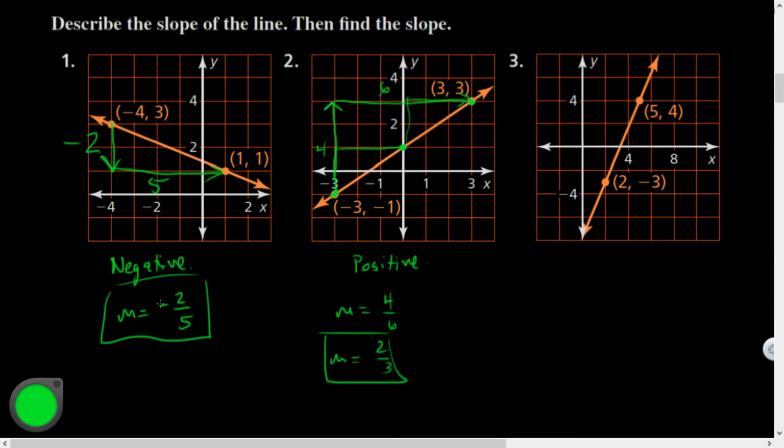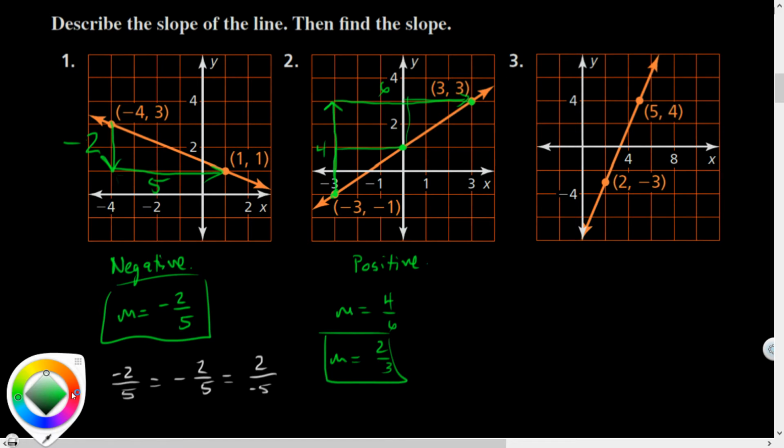Side note, regarding negative slopes, put your minus sign either in your numerator or out in front. I don't often put it in the denominator. So side note about fractions, negative 2 divided by 5 is the same as the opposite of 2/5, is the same as 2 over negative 5. And none of those are equal to negative 2 over negative 5.